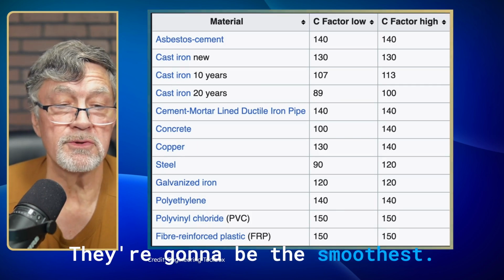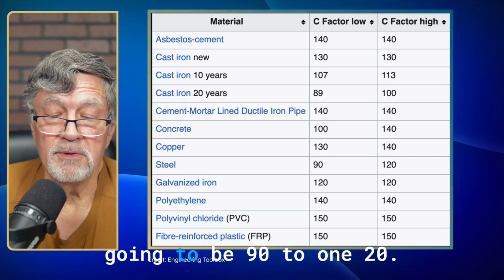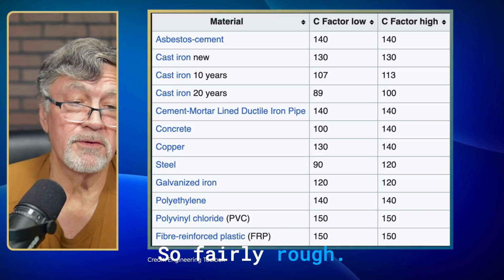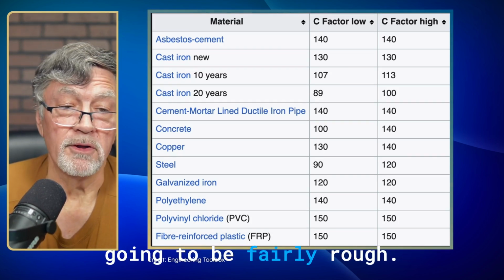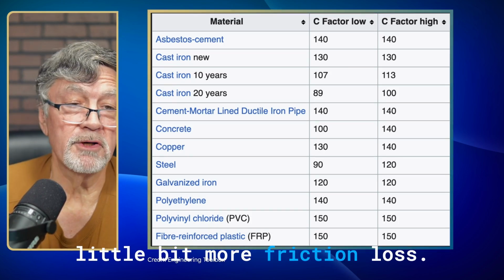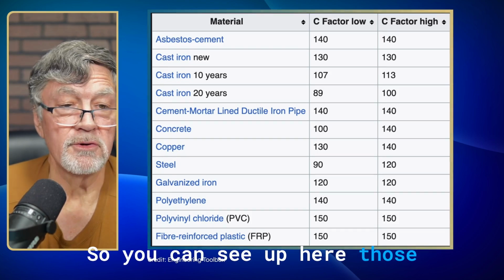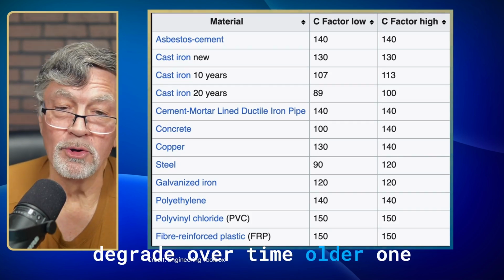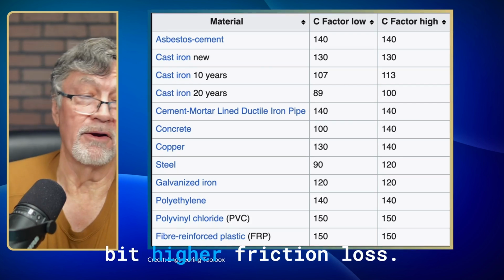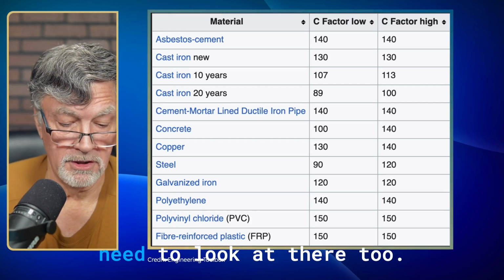They're going to be the smoothest. So steel is going to be 90 to 120, so fairly rough. The ductile iron, those types of things are going to be fairly rough, and so you're going to get a little bit more friction loss. You can see up here, cast iron will degrade over time. An older one is going to have a little bit higher friction loss. So that's something you need to look at there too.